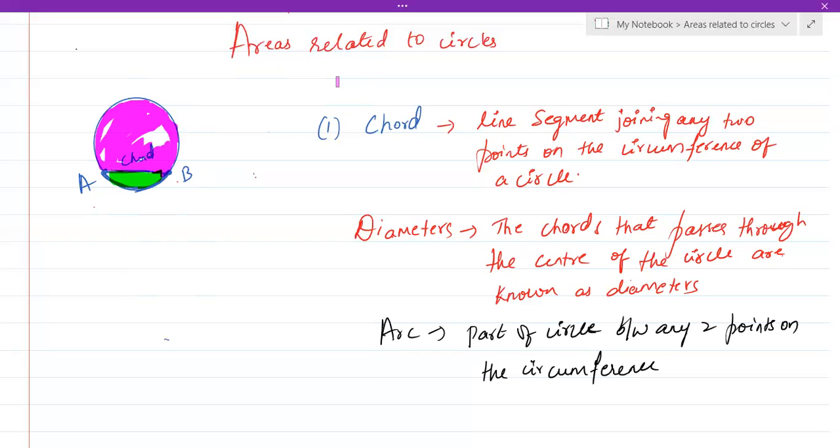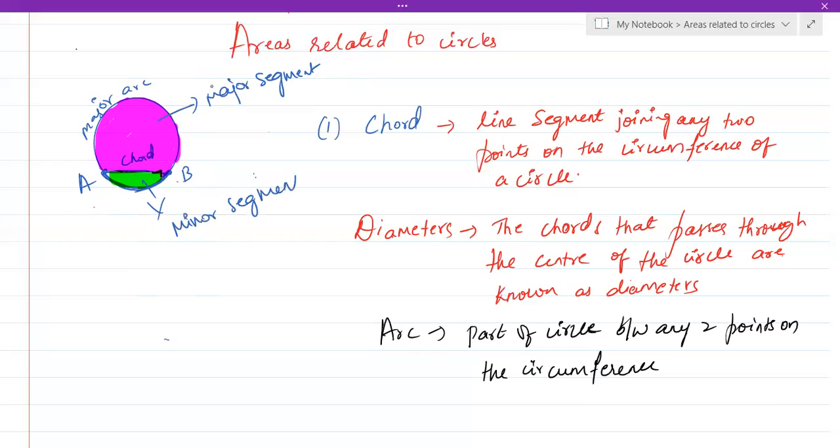Now, the region between the major arc and the chord is called the major segment. The one which I've shaded in purple. The green color which I've shaded is the minor segment.